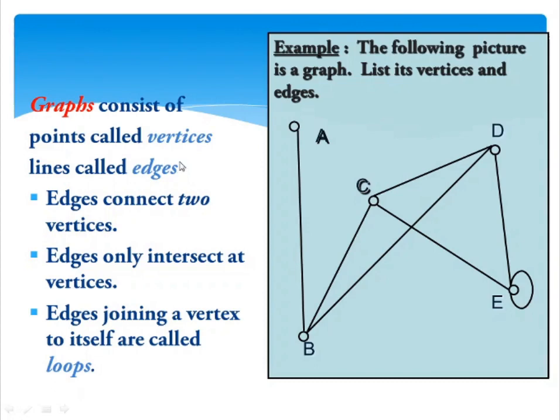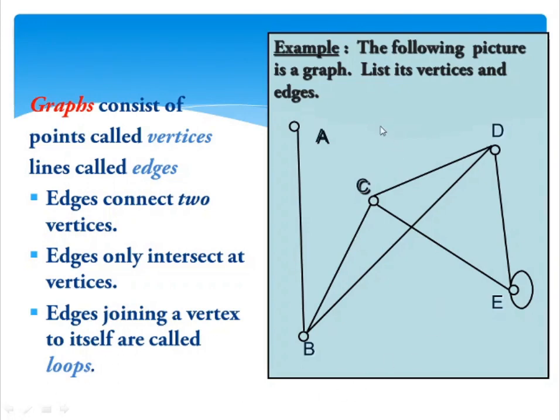So a set of the vertices and edges together is called the graph. Now look at this. Edges connect two vertices, and edges only intersect at vertices, right? And edges joining a vertex to itself are called loops.